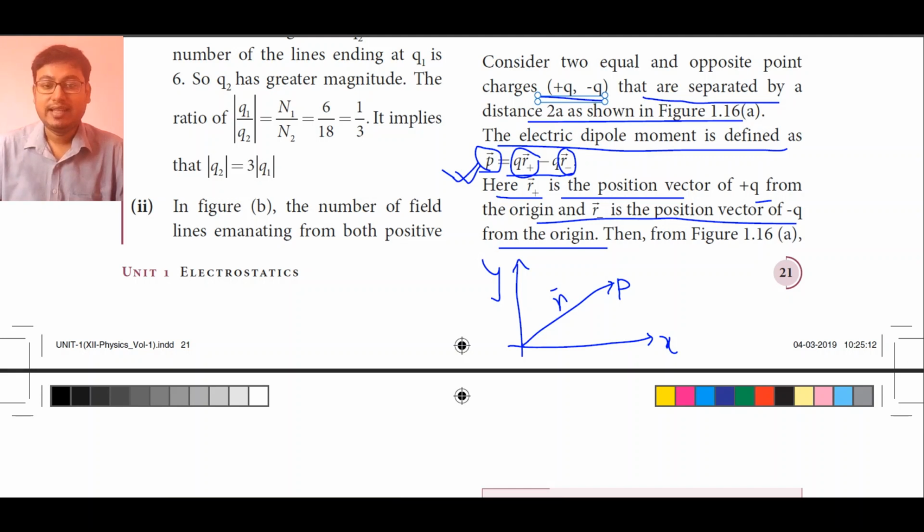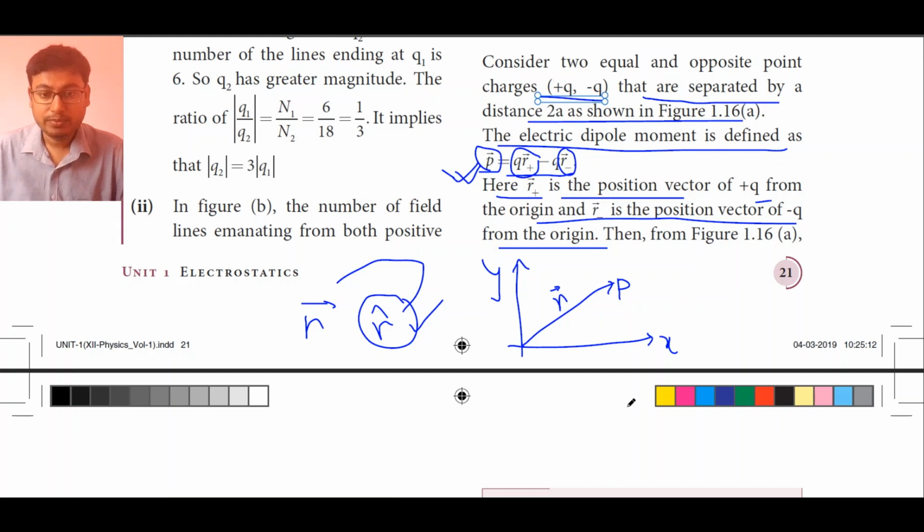Keep in mind that there is a huge difference between vector r and r cap. R cap is not a vector. It shows a vector whose magnitude is 1 and direction is in the direction of vector r. Always keep in mind. I hope you understood what the meaning of position vector is. This topic might have come in class 11th mathematics earlier.